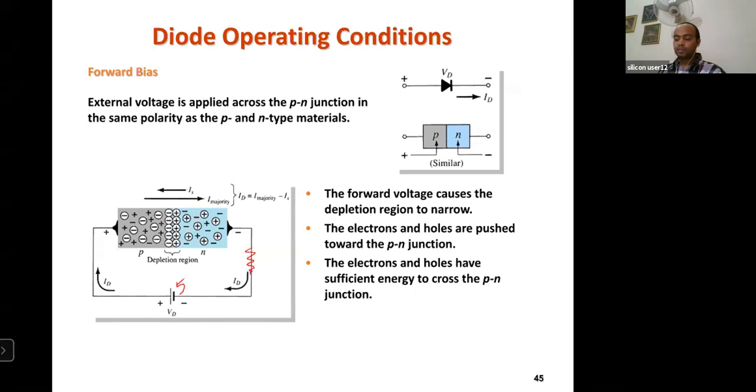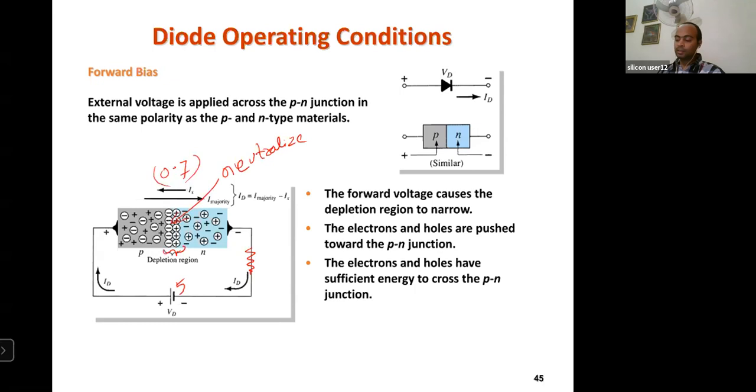If it's a silicon diode and its threshold voltage is 0.7, then 0.7 volt will be utilized to neutralize the depletion region of the junction diode.